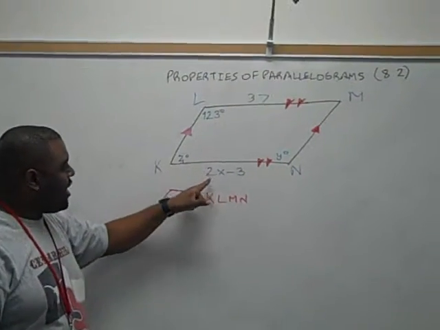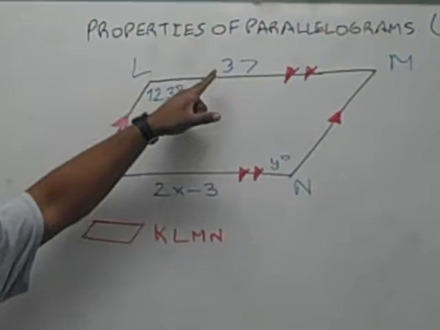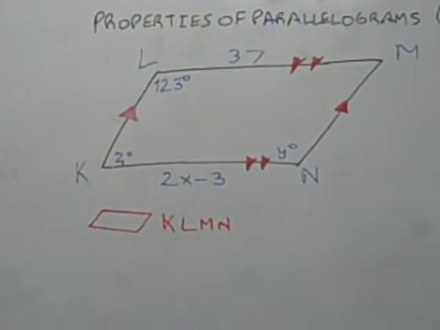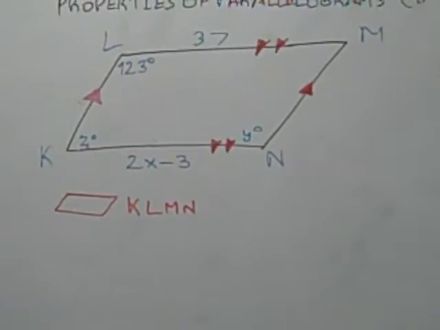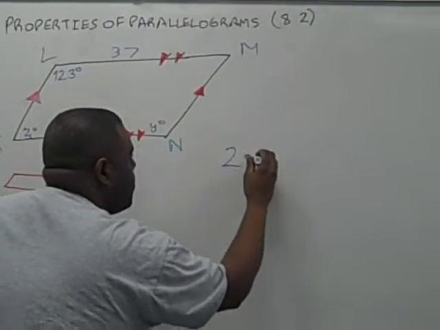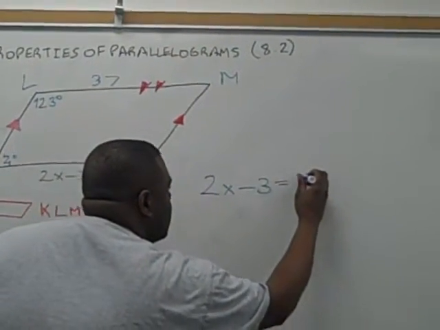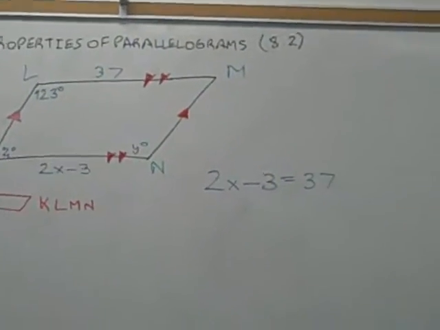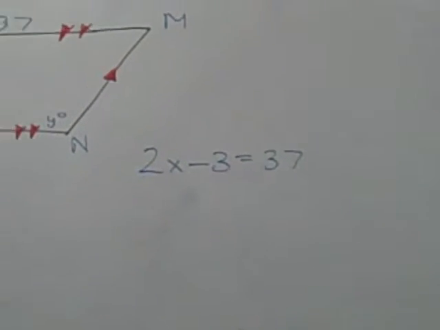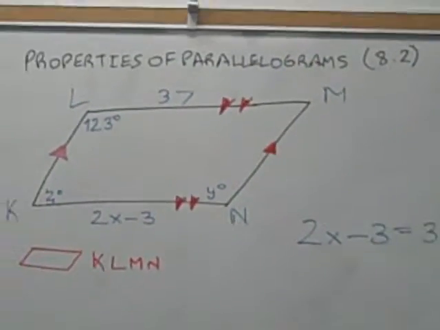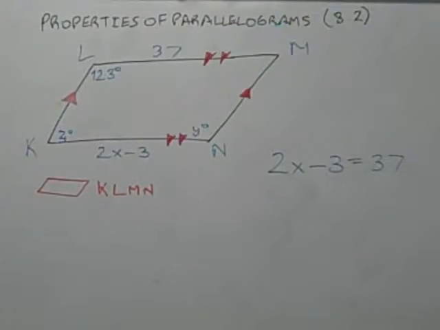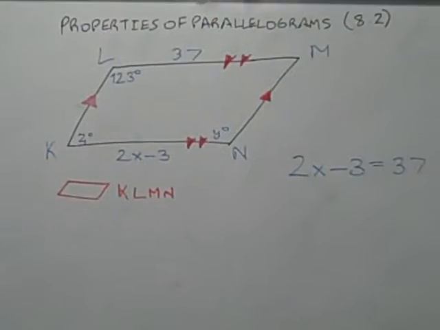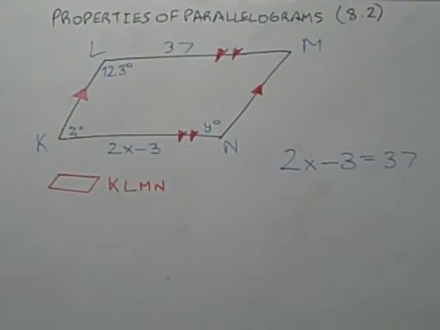So all you gotta do is take 2x minus 3 and set it equal to 37. Let's do that now. Because we know that opposite sides are both congruent and parallel. So we just take 2x minus 3 equal to 37, and we just have to solve for x.